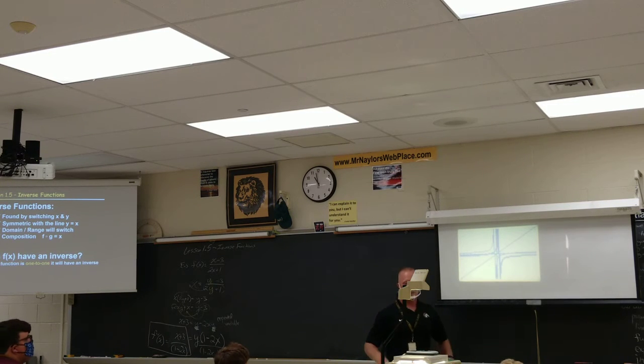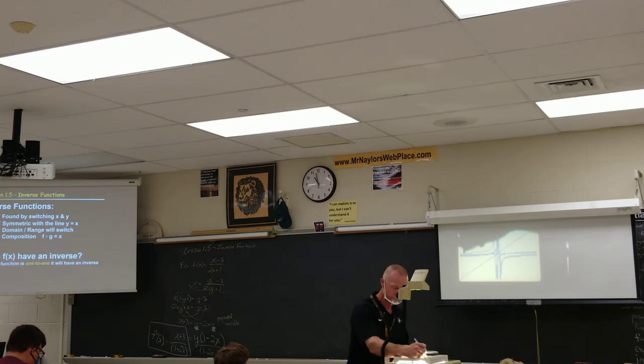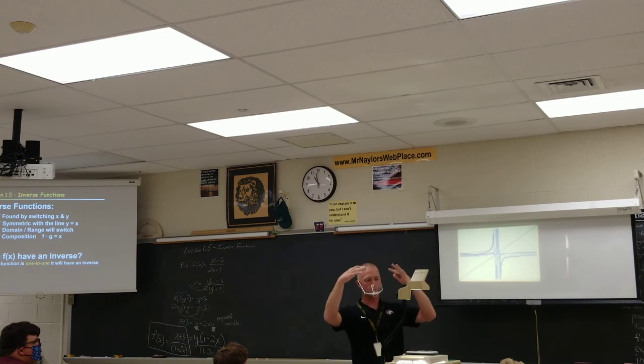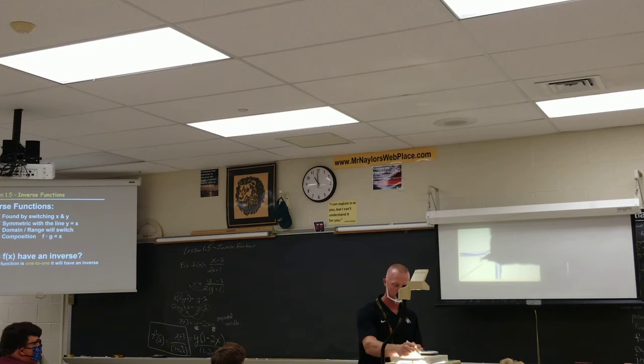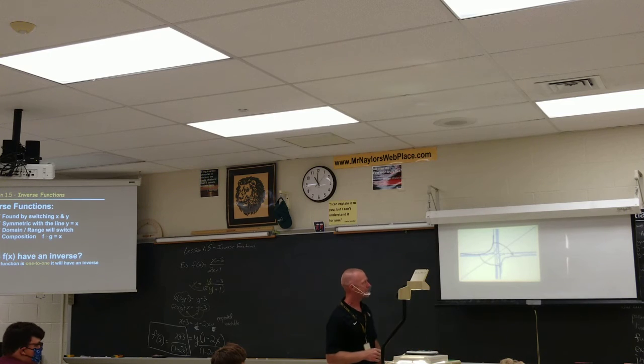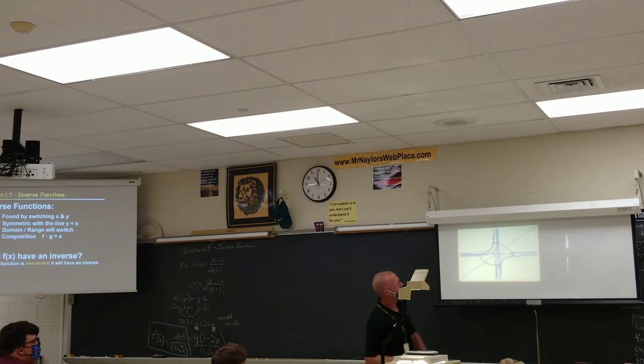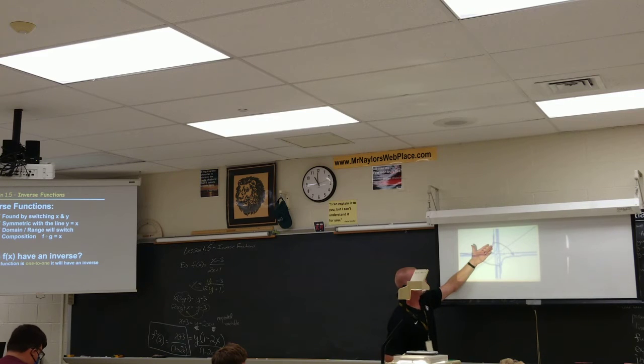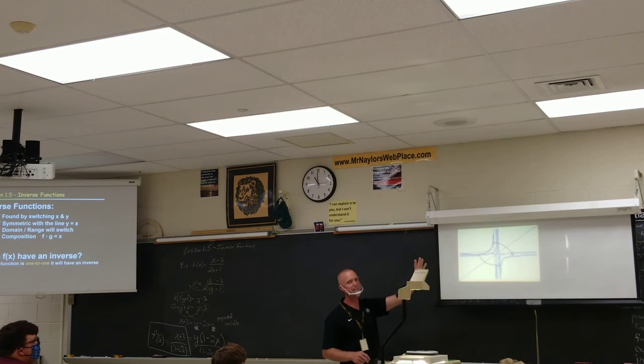I guess it's not too bad. If you take this branch right here in purple and you fold it over the diagonal line, it's going to fold and be this branch, the thick branch. So it's not too bad, I guess. You can fold this other branch and it'll fold over there. It's hard to see the symmetry though.